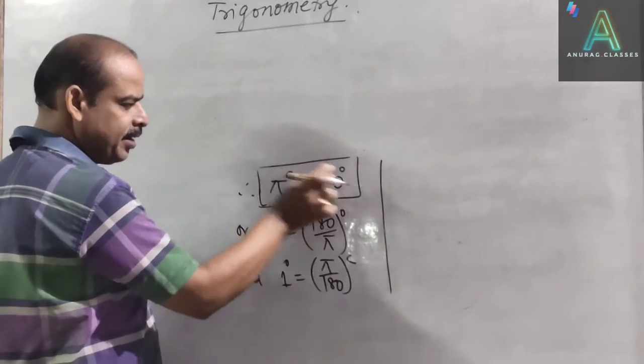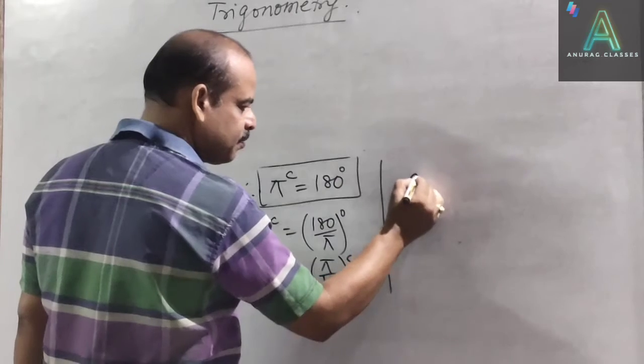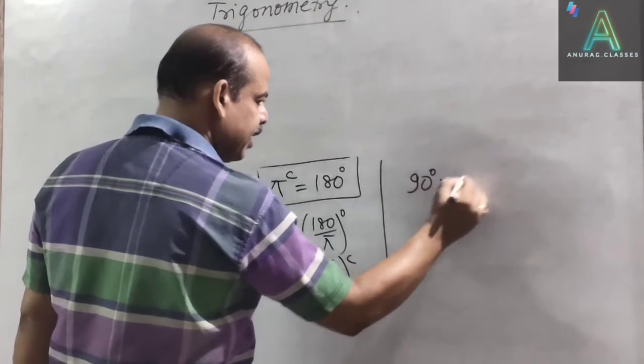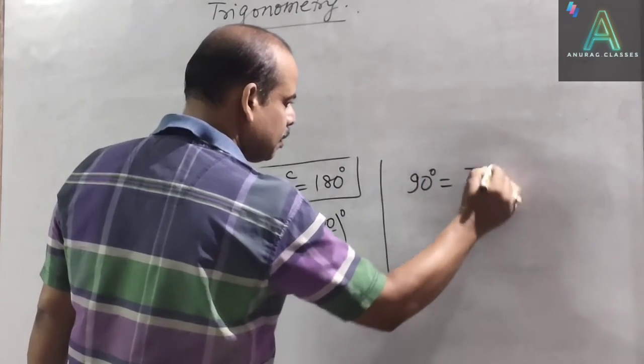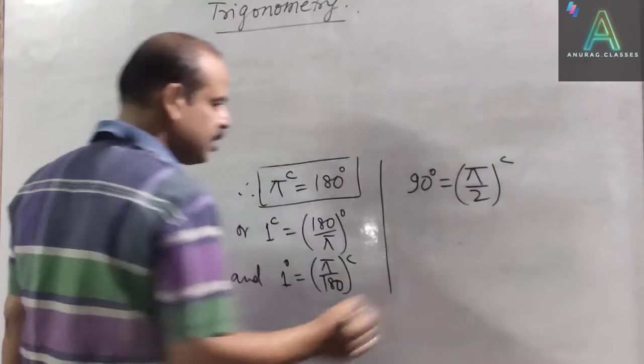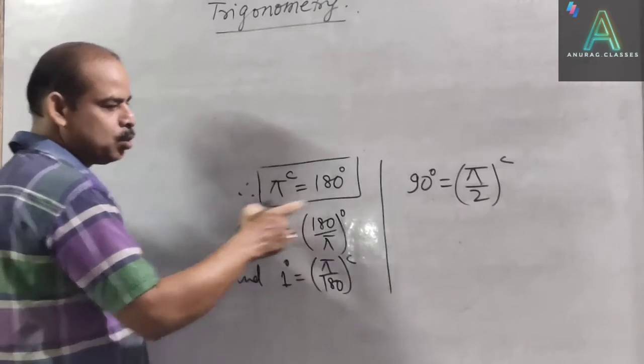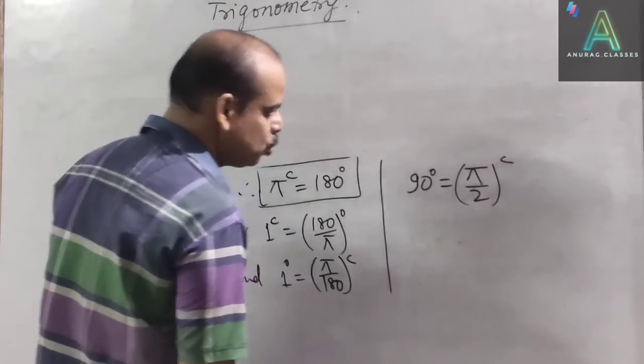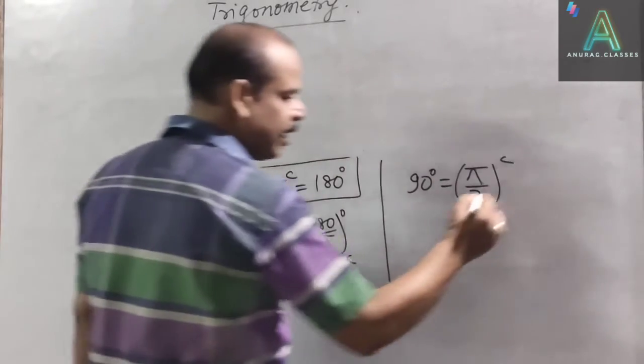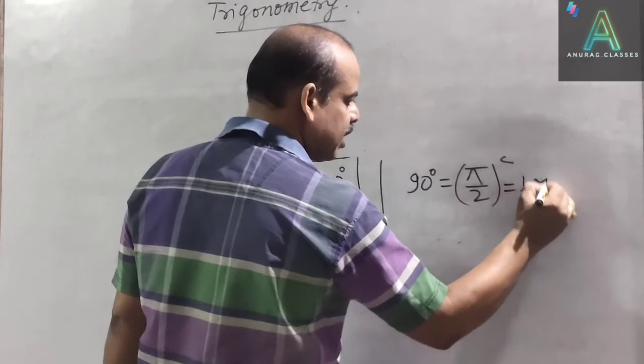By knowing pi radian is equal to 180 degree, it is very clear to you that 90 degree will be pi by 2 radian. Isn't 180 by 2 90 and pi by 2? So 90 degree is equal to pi by 2 radian, and 90 degree is nothing but one right angle.